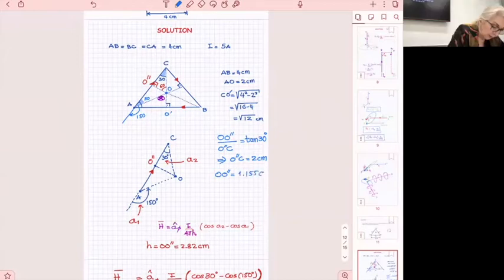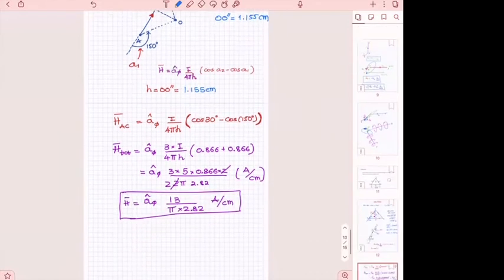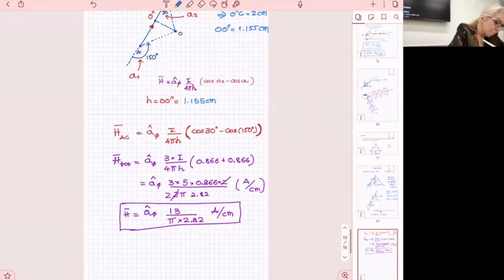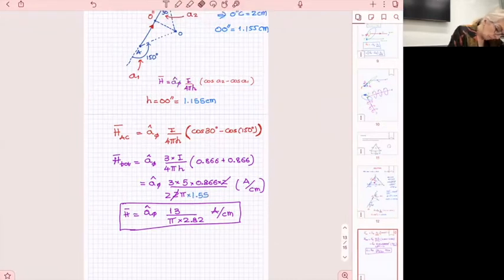Okay, in that case that is 1.155. Okay, yes, thank you.